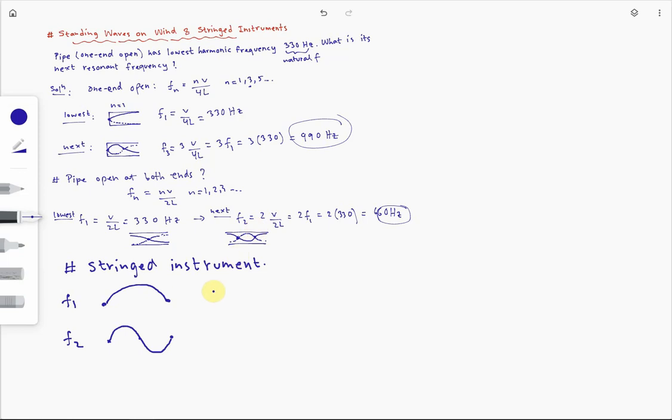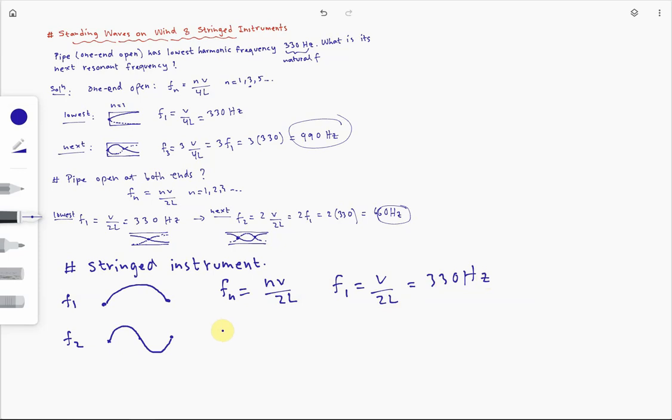It is not a coincidence, therefore, that our frequency progression for stringed instruments, standing waves produced on strings attached between two ends like a guitar or a piano, is the same relation as pipes open at both ends, n v over 2L. Therefore, F1 is v over 2L, which is 330 hertz.